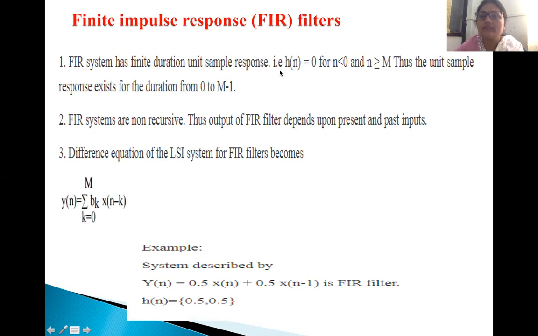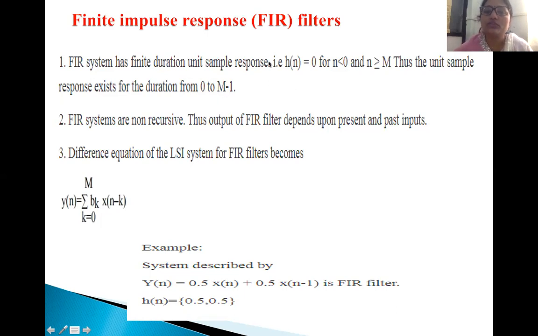It is defined as h of n, the impulse response, equal to 0 when n is less than 0 or n is greater than or equal to M. Thus, the unit sample response exists only between 0 and M minus 1.